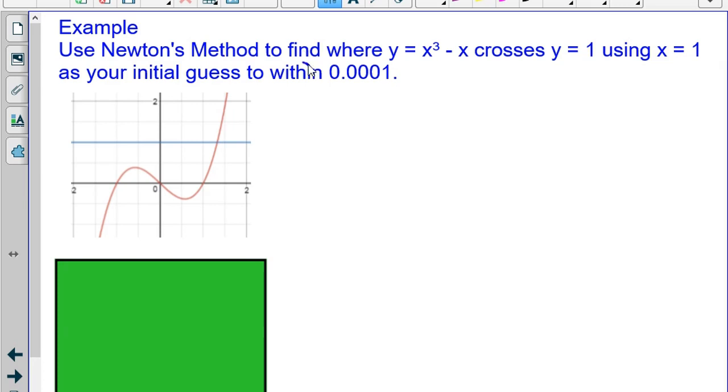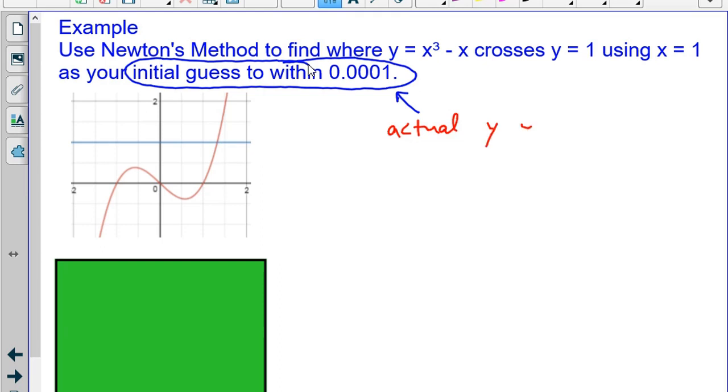There are two things that I need to make sure that you're aware of. When it says that your initial guess is within 0.0001, that means that the actual value for y minus your final estimate has to be less than 0.0001.